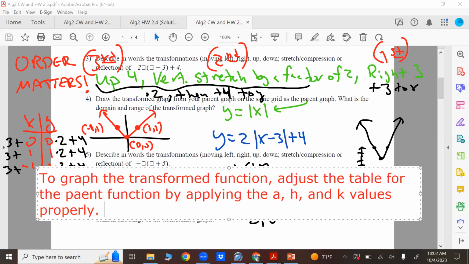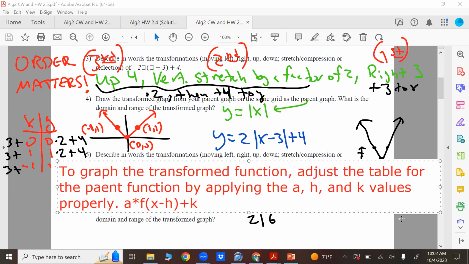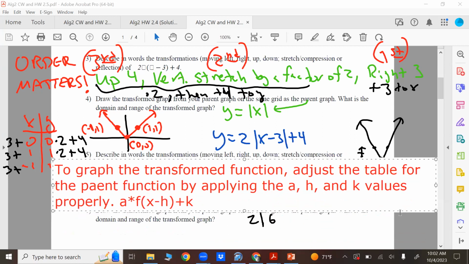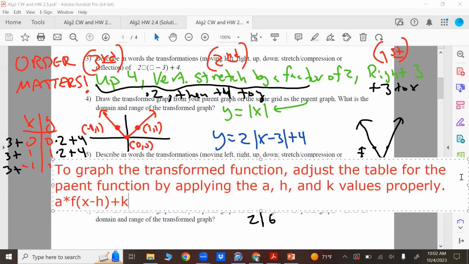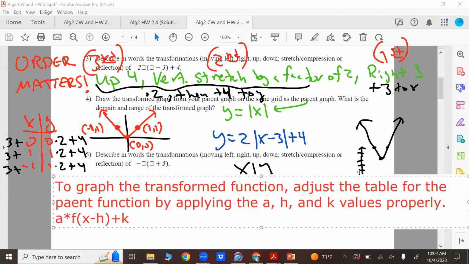And remember, generally speaking, a times f of x minus h, plus k. Okay, that's in essence what we're doing every single time for any parent graph.